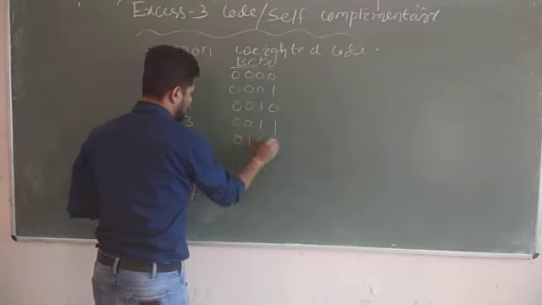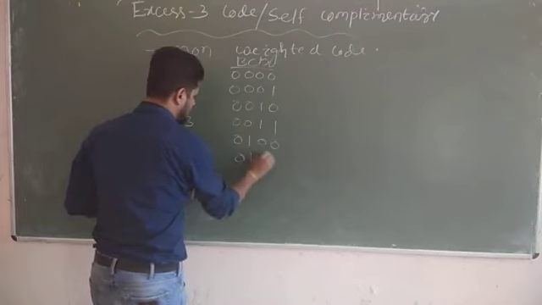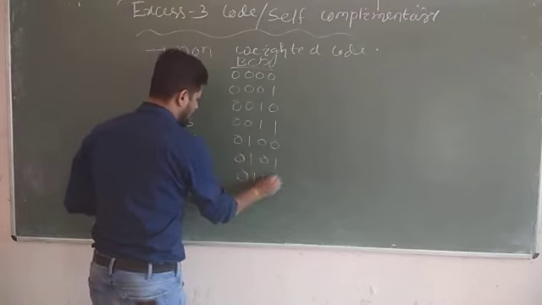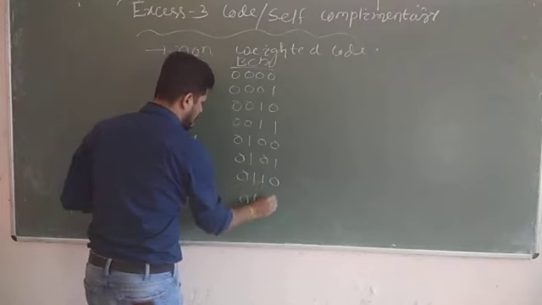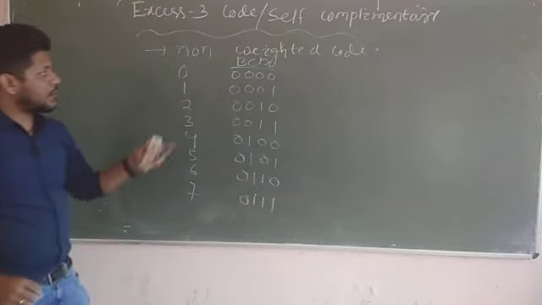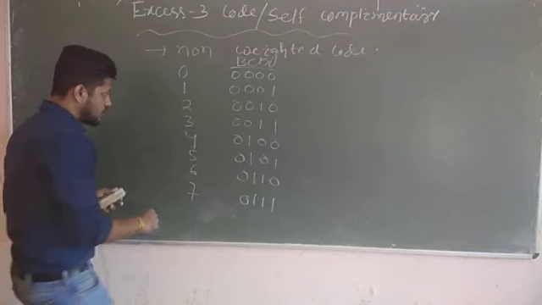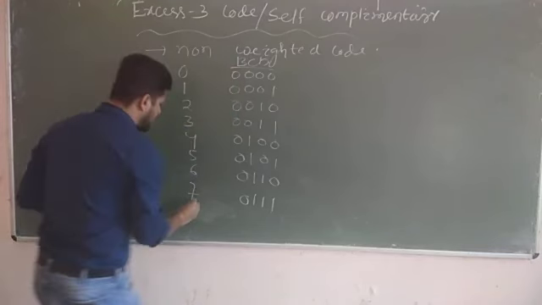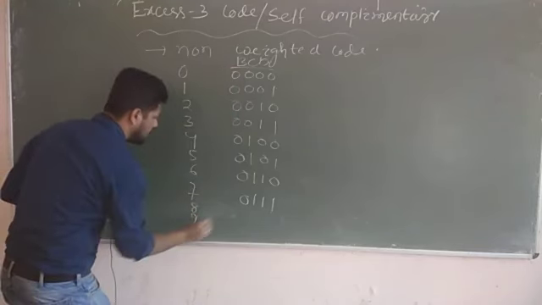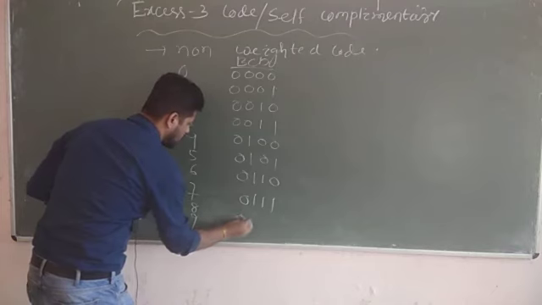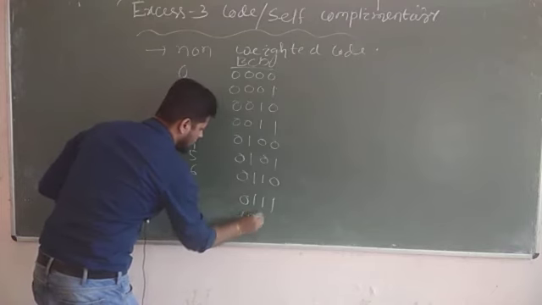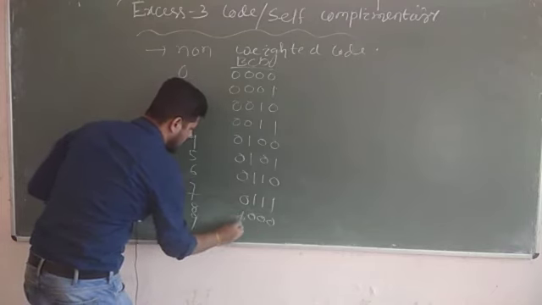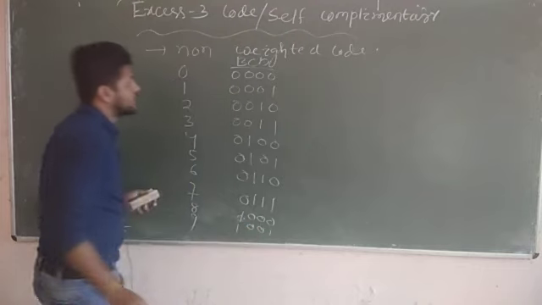This is 0 1 0 0, this is 0 1 0 1, this is 0 1 1 0, this is 0 1 1 1. So always we need to find the BCD code, the binary coded decimal. BCD means binary coded decimal. Then 8, then we have 9. So 8 is written as 1 0 0 0, and 9 is written as 1 0 0 1.